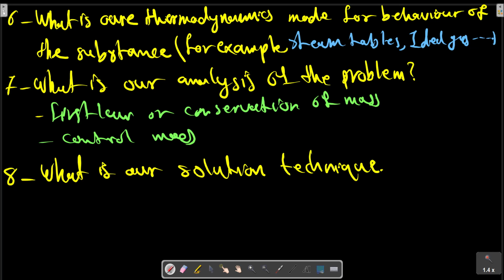Eight, what is our solution technique? In other words, from what we have done so far in steps 1 to 7, how do we proceed to find what is desired?